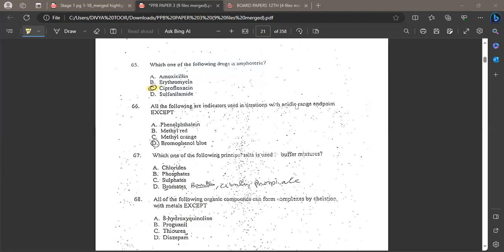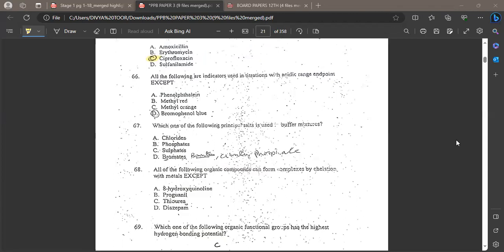Anyone else? Okay, another thing is showing me litmus, phenolphthalein, and methyl orange are also used, but litmus is not part of the option.